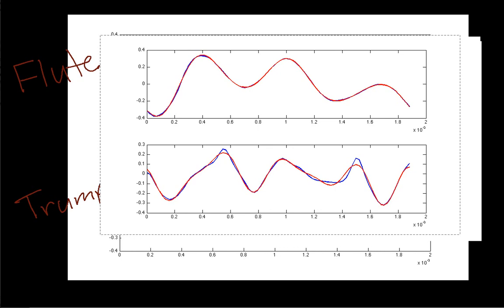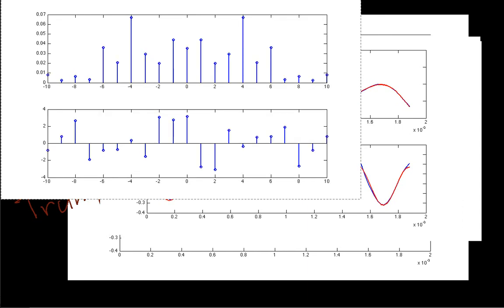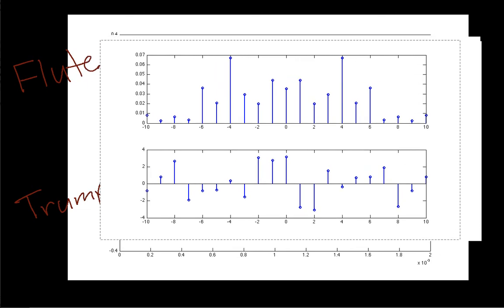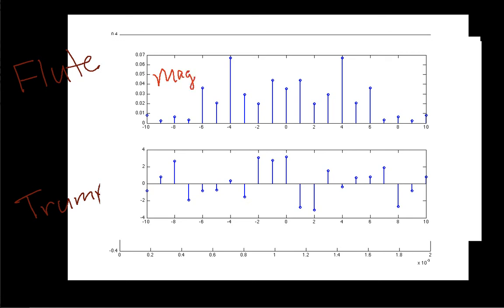So why do we need to have more harmonics to reconstruct the trumpet well than the flute? Well, if you look at the Fourier series coefficients for the trumpet, you get something that looks like this, where again for the trumpet, this is the magnitude and the phase.